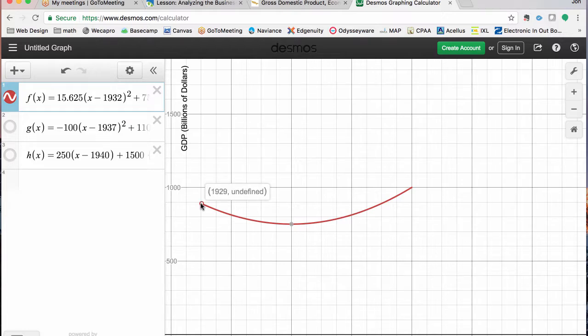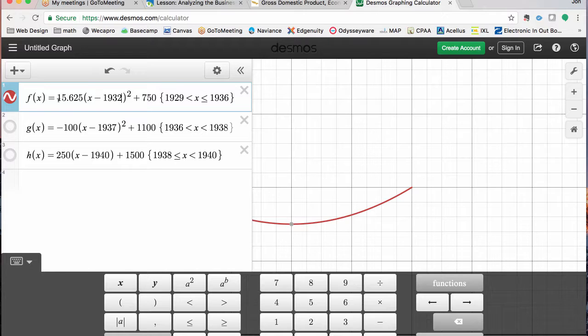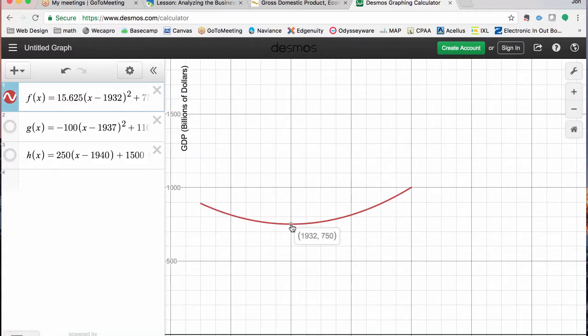It starts right here. And there's my vertex. We used that in our equation, right? 1932, 750, 1932 and 750. And then it increases, but it stops right here at this point. Because at this point, we're going to use a different function. So let's turn on the function g.